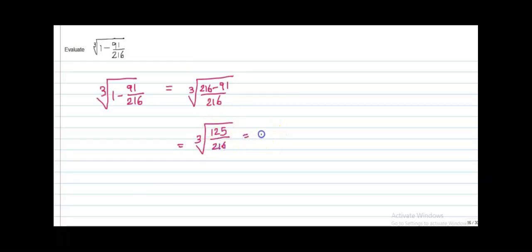Now the cube root of 125 by 216 is the cube root of 5 into 5 into 5 by 6 into 6 into 6. That's nothing but 5 by 6. Right? Now we move on to the next question.